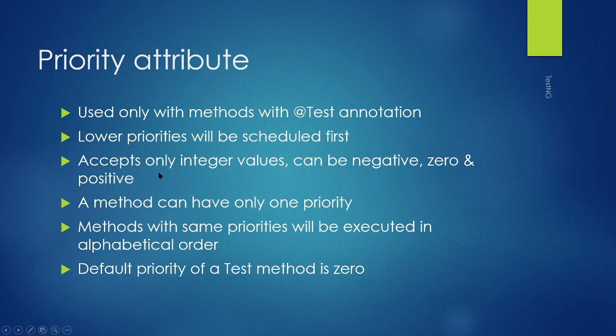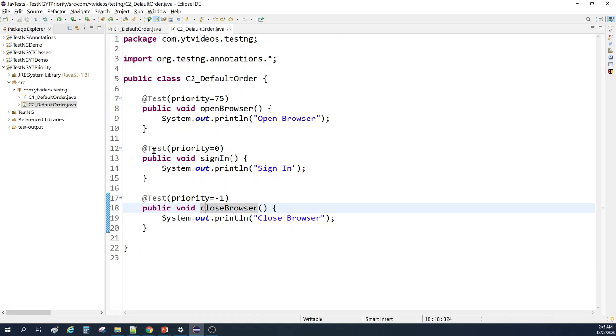Let's go to the fourth one: a method can have only one priority. Now this is interesting. That means we cannot have multiple priorities for a method. Let's use the same class. Say I have priority 1 for this particular test method, and I want to add another priority to it, for example -2.